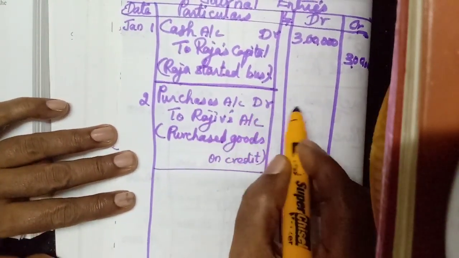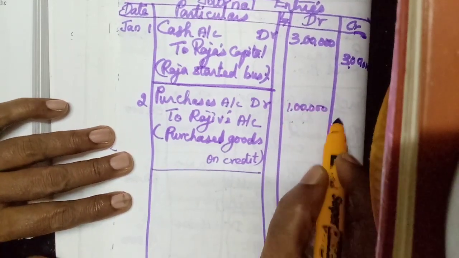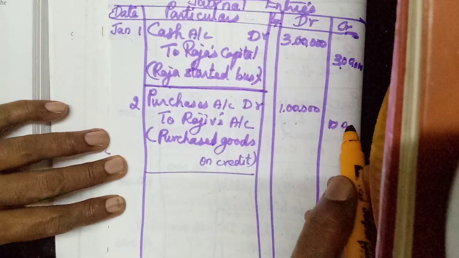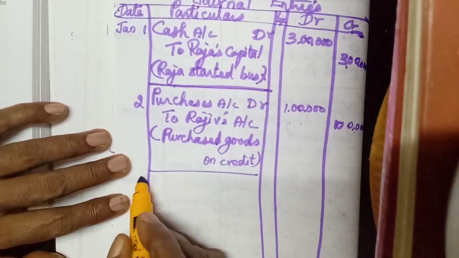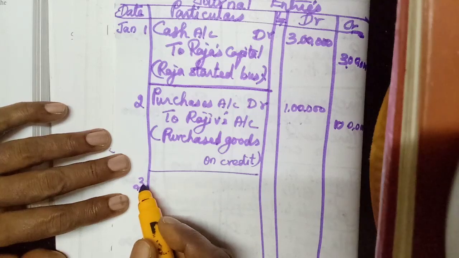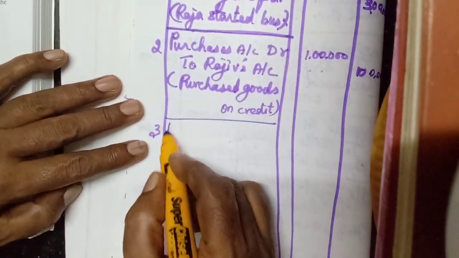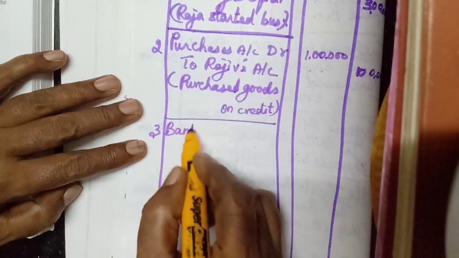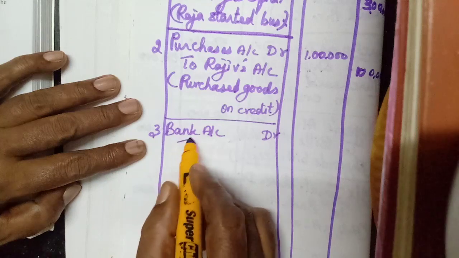1 lakh. Credit 1 lakh. Okay, then third one, 3. Cash deposited with the bank. You know, bank is receiving the amount, so we should debit. Bank account debtor. What is going outside?